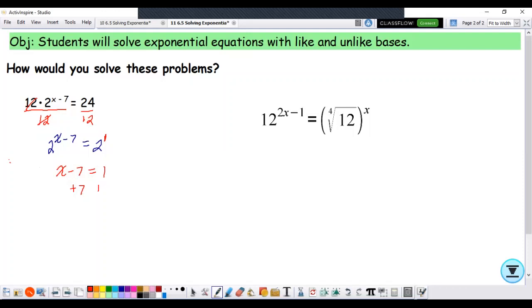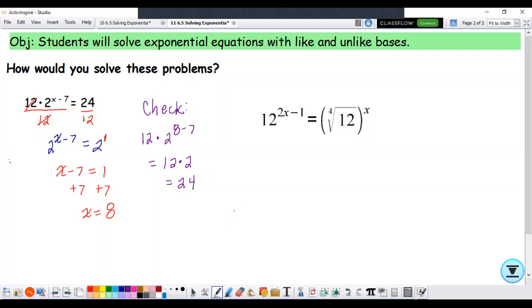Add the 7, and x will equal 8. And again, we can check. 12 times 2 to the 8 minus 7 would be the same as 12 times 2 to the first power, or just 12 times 2, which is in fact 24.